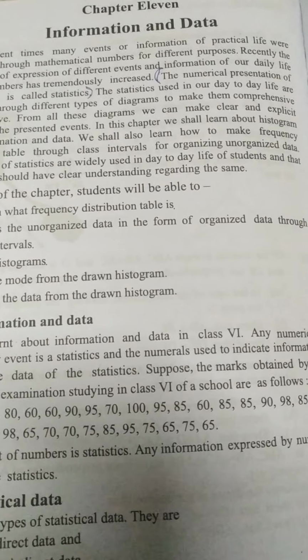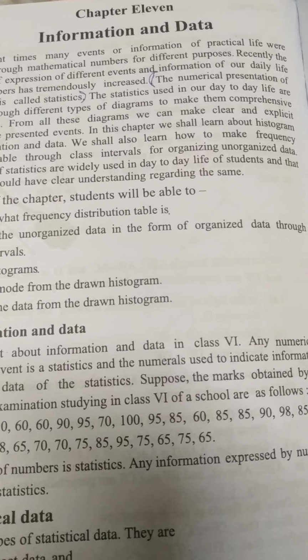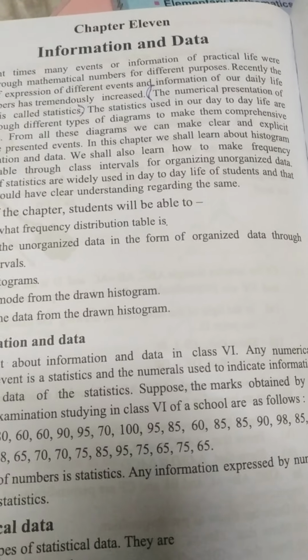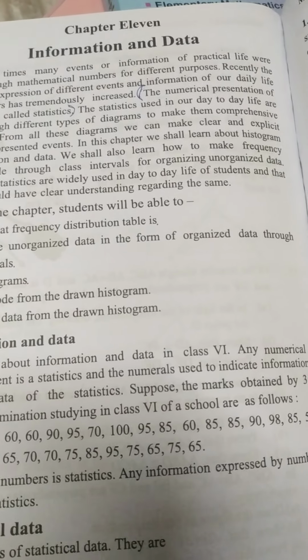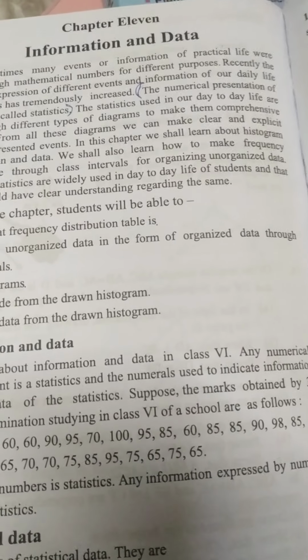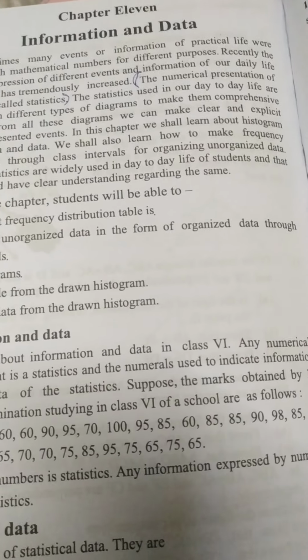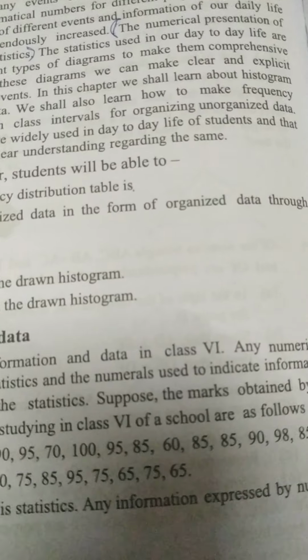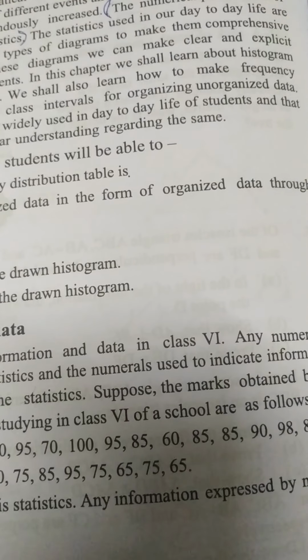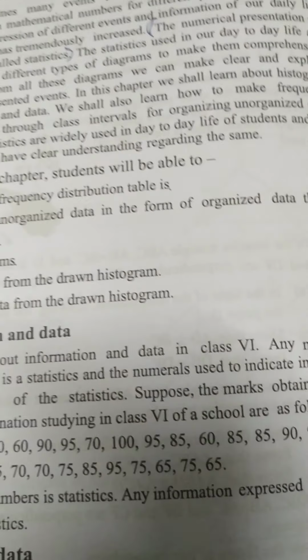We need statistics everywhere. By looking at a graph or a statistics chart, we can understand easily what has been going on related to any sort of data that we have.